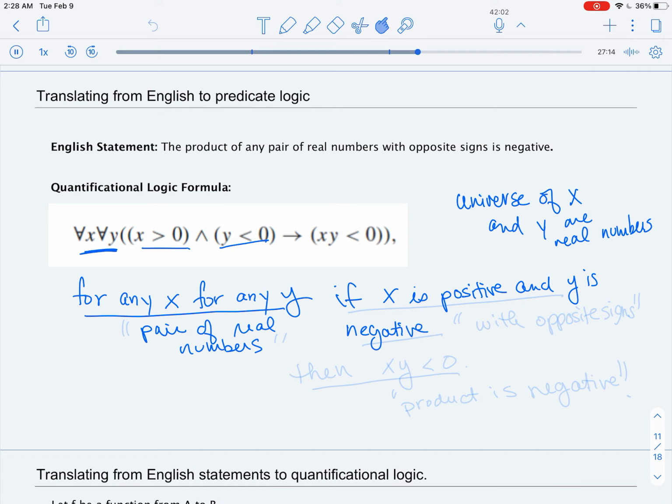And this is what is more naturally translated as with opposite signs. Then x times y is less than 0, which is translated as product is negative.